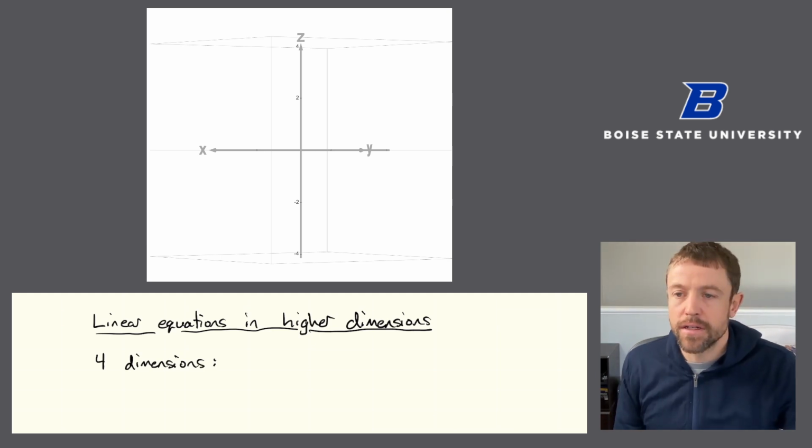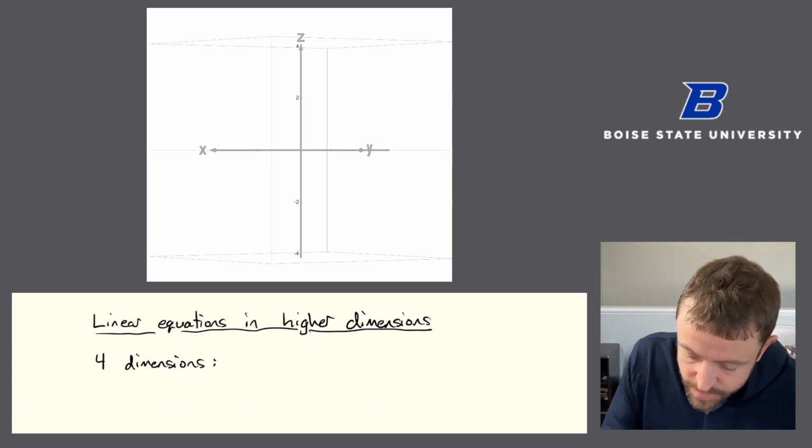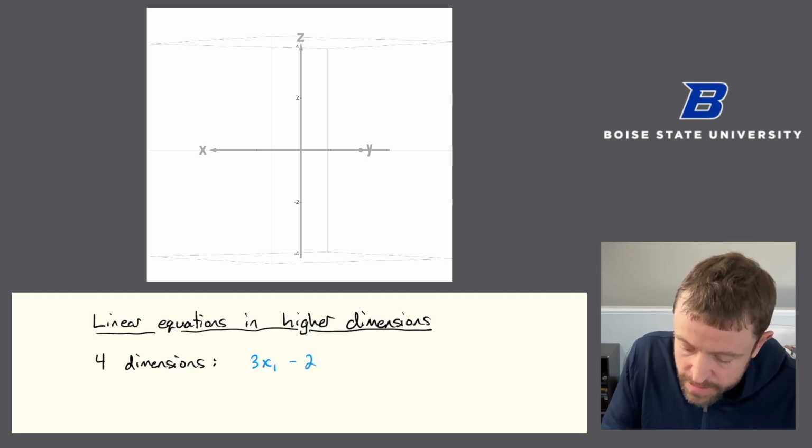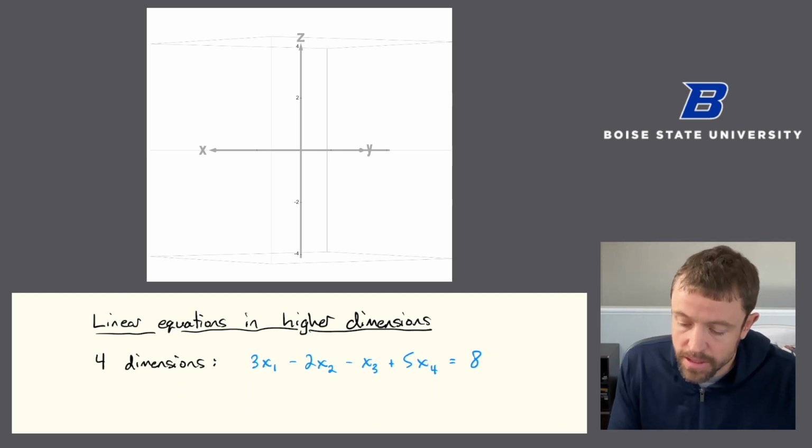A linear equation in 4 dimensions might be something like 3x1 minus 2x2 minus x3 plus 5x4 equals 8. That's an example of a linear equation in 4 dimensions.